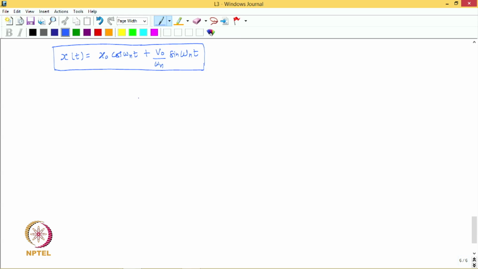And if you plot this, it is going to look something like this, x of t and something like this. So this motion will continue like this. Therefore this is the time period of the motion, which is T, the time elapsed between two corresponding points in a cycle.